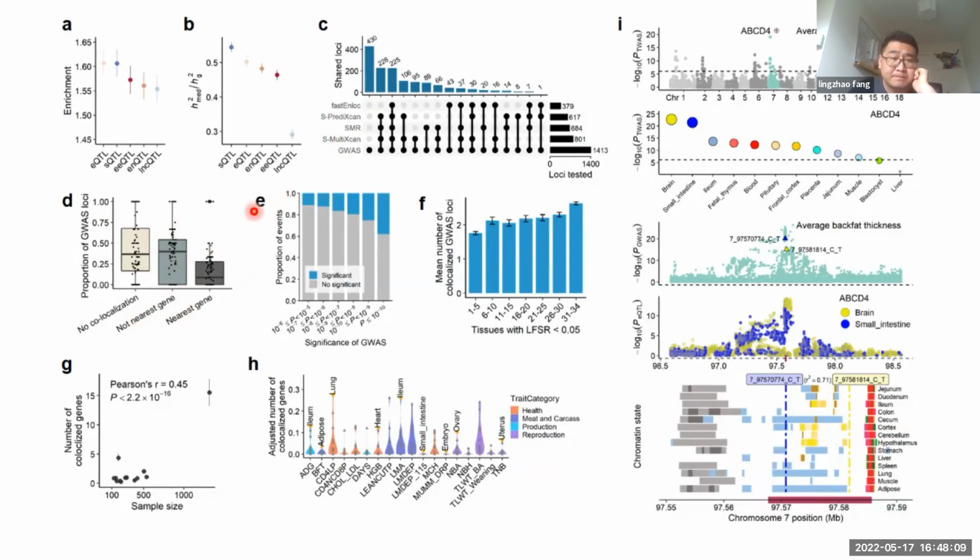The E panel also shows that, so we separated the GWAS loci by significance level, from less significant to very strongly significant. And then you start to see the proportion of co-localization events increase. So GWAS loci with more evidence are more likely to be co-localized with eQTLs.